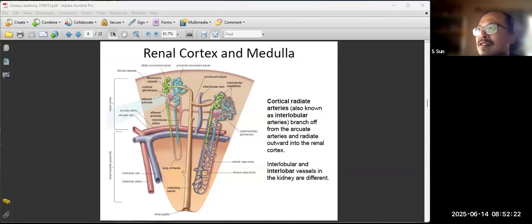When it first gets the urine from the blood, this urine is not entirely mature yet, meaning it's not ready to be peed out. In the beginning, after entering Bowman's capsule, this urine contains several good things. We still have a lot of glucose and a lot of amino acids, the nutrients you absorb from your food.